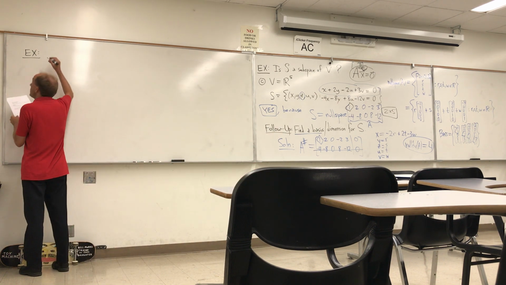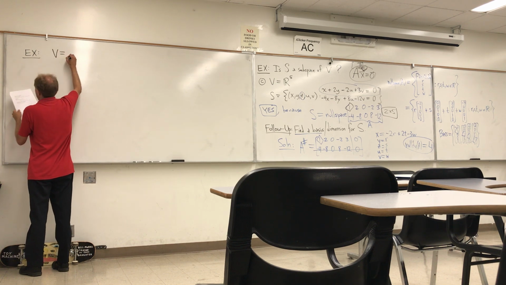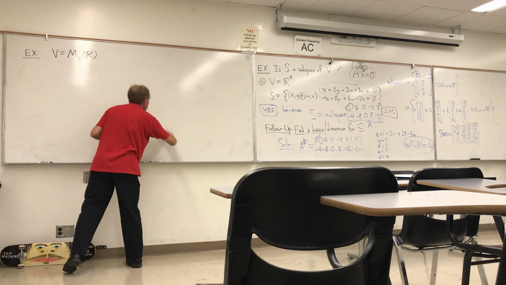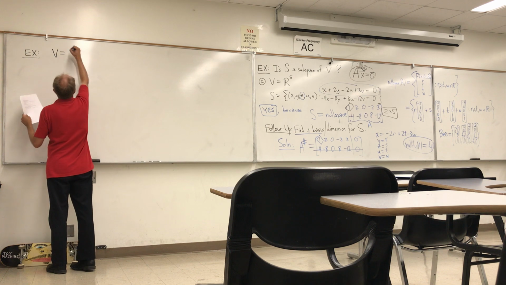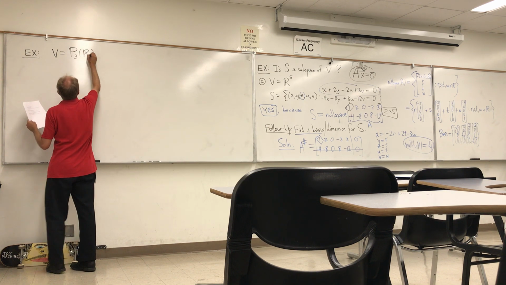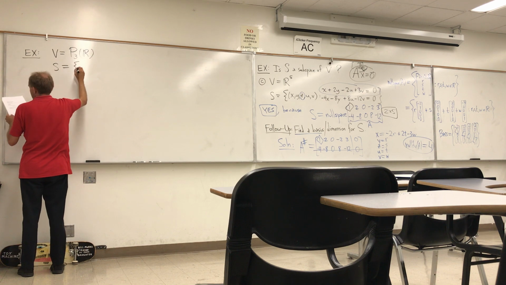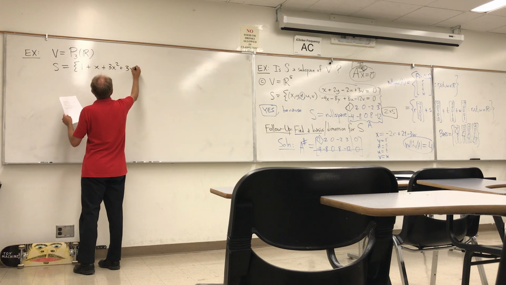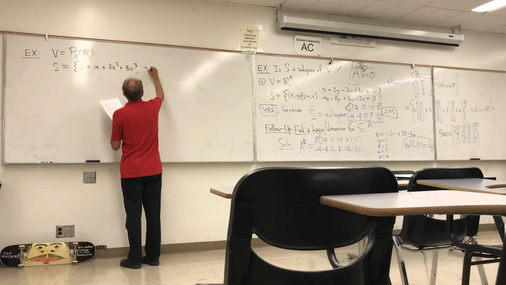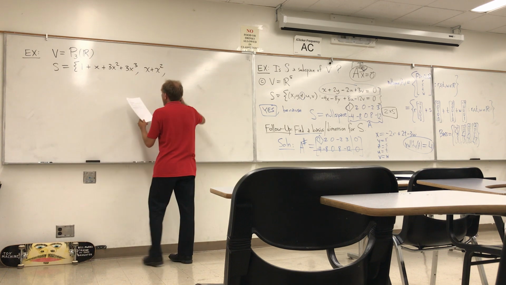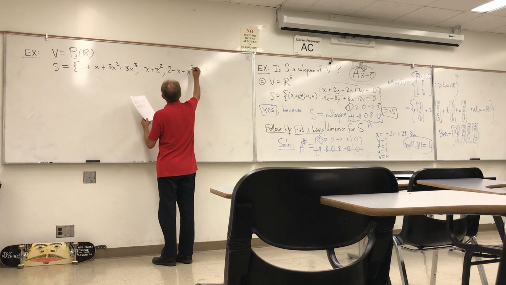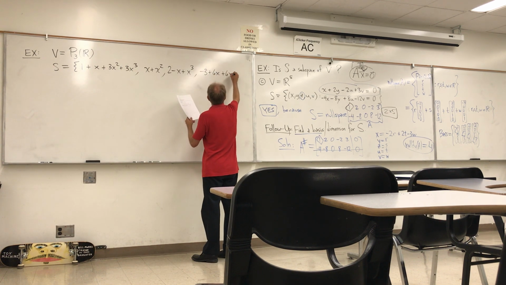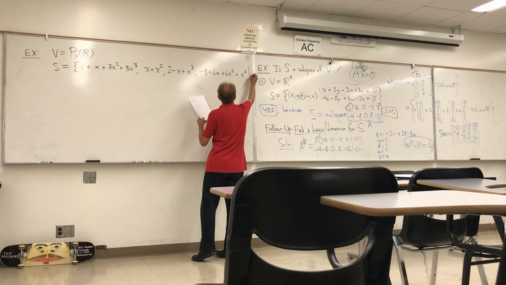So let's do this one. Actually, let's not do M2 of R. I'm sorry. Let's do the other one first, which is a little more... Let's do P3 of R. And let's let S be the set 1 plus x plus 3x squared plus 3x cubed, comma, x plus x squared, comma, 2 minus x plus x cubed, comma, negative 3 plus 6x plus 6x squared plus x cubed.